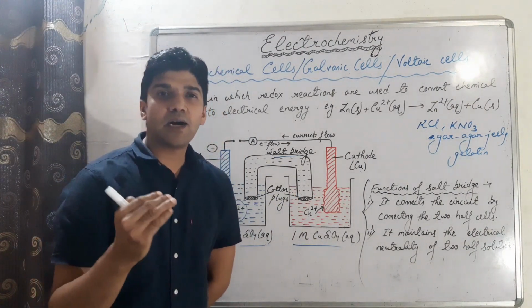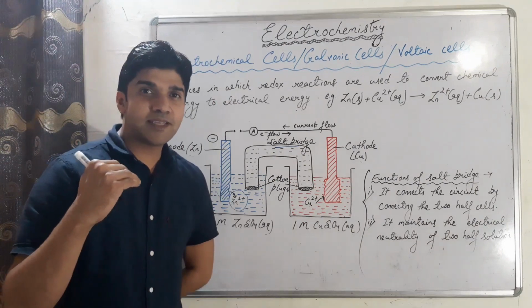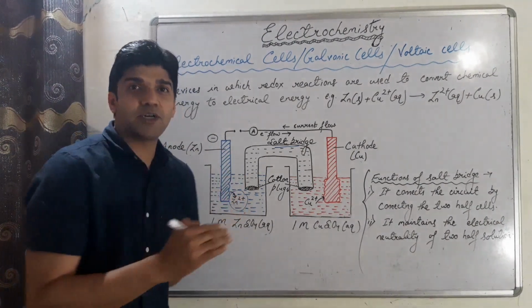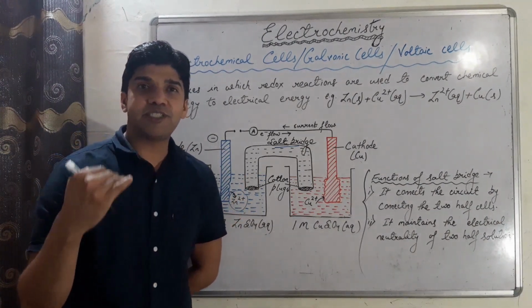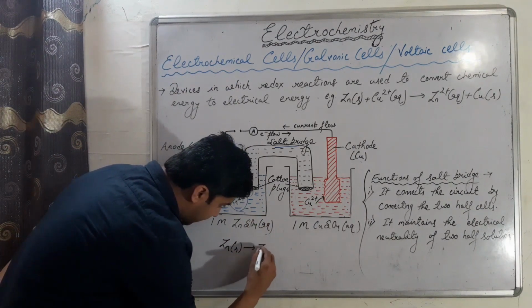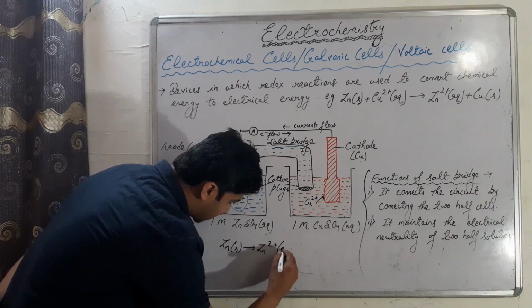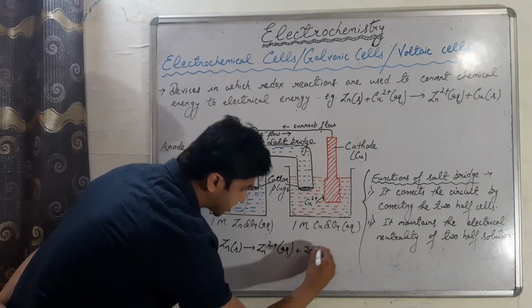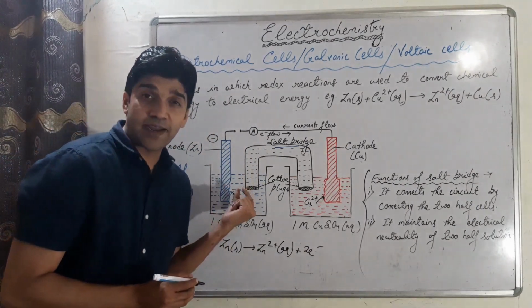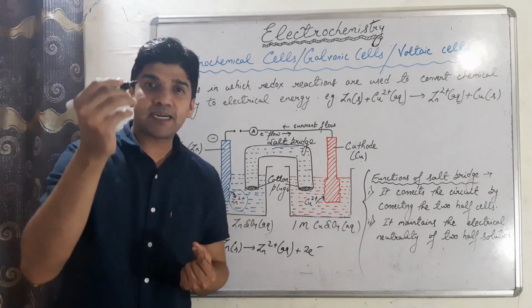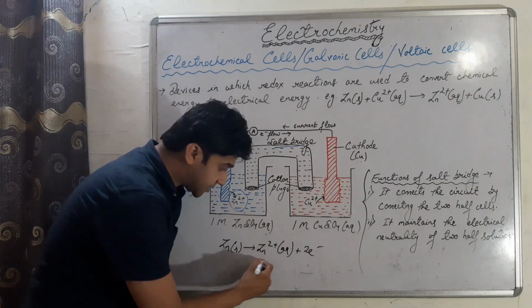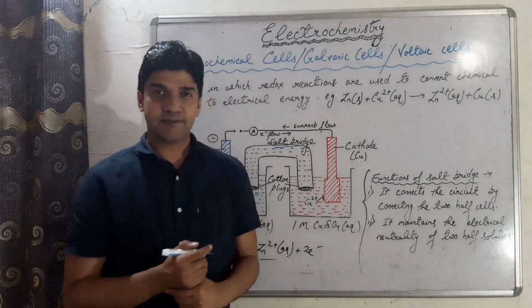Now let's see how it happens. So during these observations, what happens? Zinc rod is oxidized to zinc ion. Zinc is oxidized to zinc ion with the loss of 2 electrons, and thus the weight of zinc electrode decreases and the concentration of zinc ion increases.